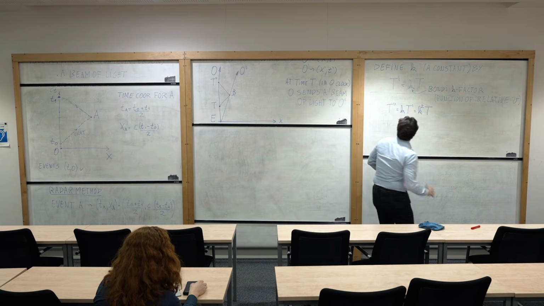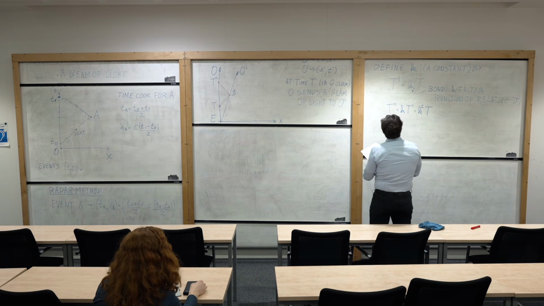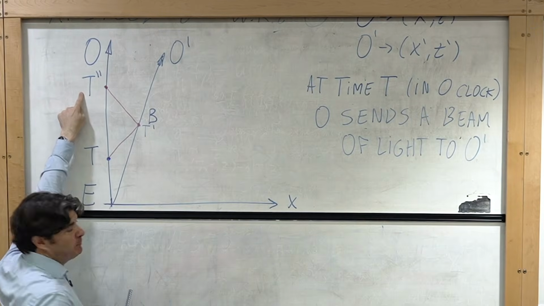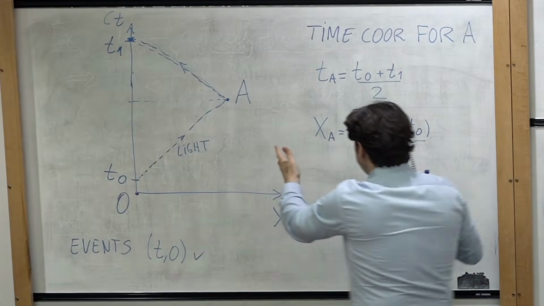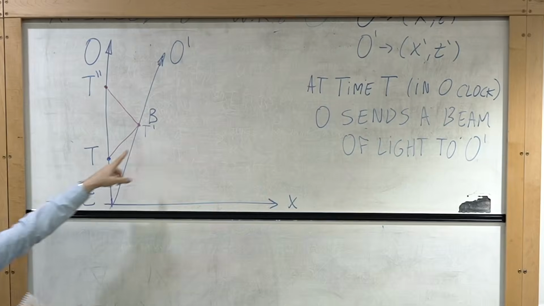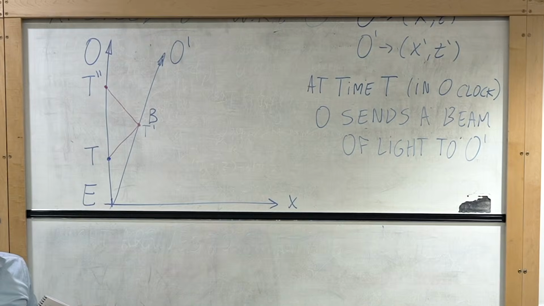We see that we can now use the radar method, because we have T prime prime. So now we can use these two formulas to say what the coordinates of B are in the reference system of O.